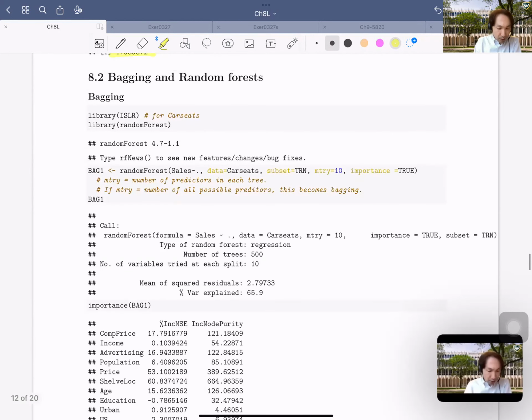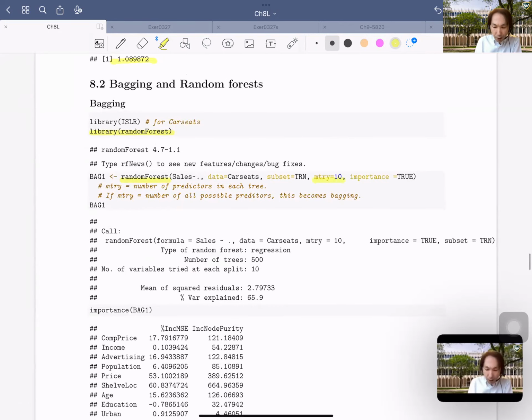And this time the bagging. For bagging, we use the library randomForest, because the random forest and the bagging are almost the same model, so we use the same function. The bagging can be done by the randomForest function by specifying mtry equal to 10. mtry is the number of predictors in each tree. Remember that this car seats data has 10 predictors, x1 to x10.